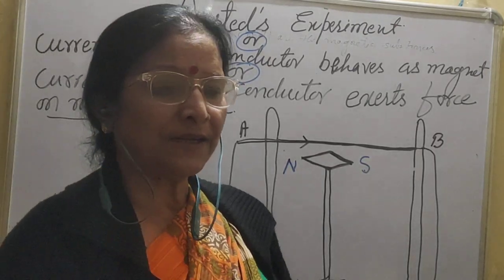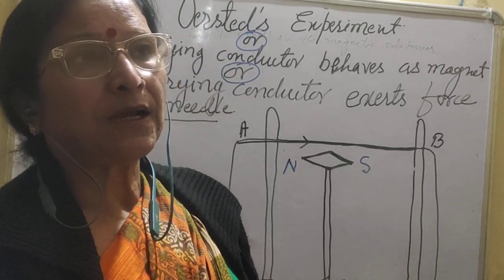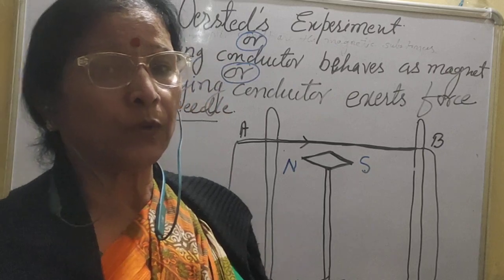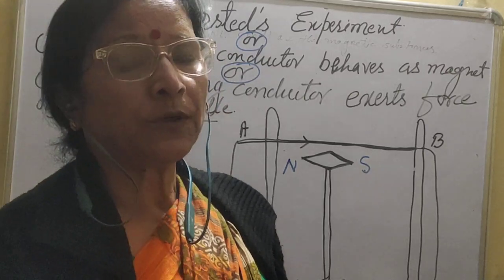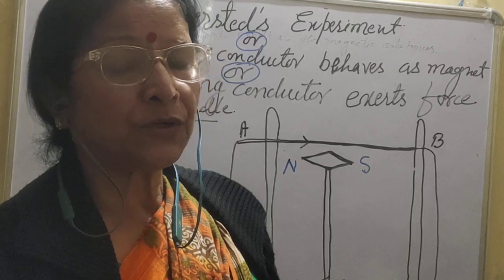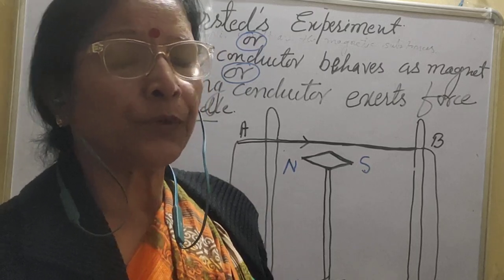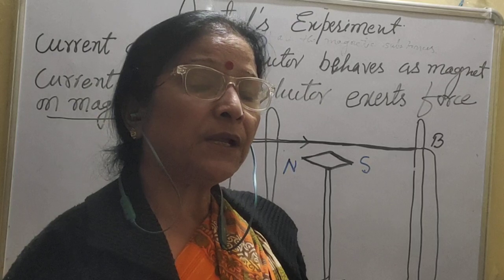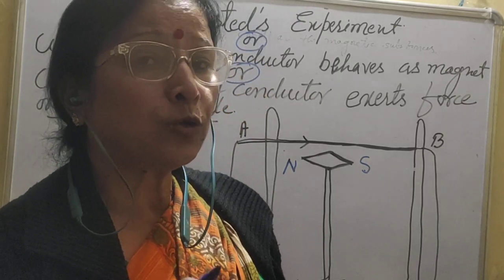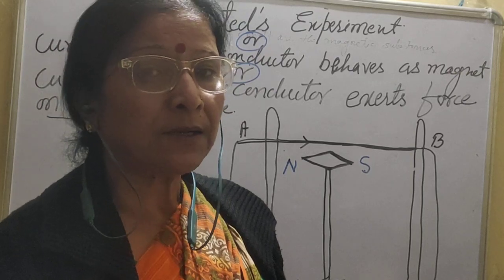Yes, hi children. In the last video, we studied the magnetic lines of force and their properties. Let us recall them. Magnetic lines of force are imaginary curved lines around the magnet along which the north pole of a freely moving magnet passes.